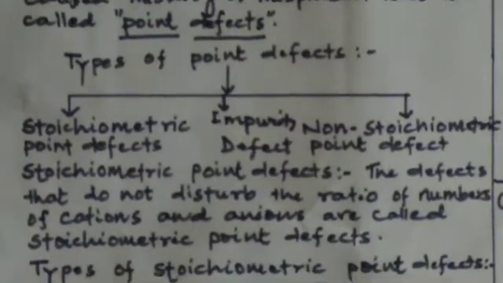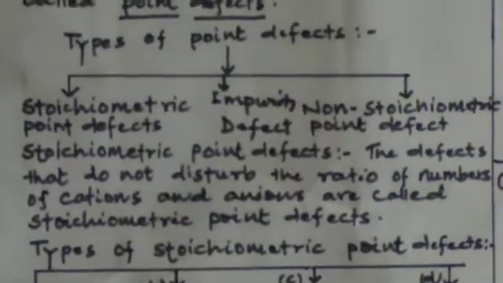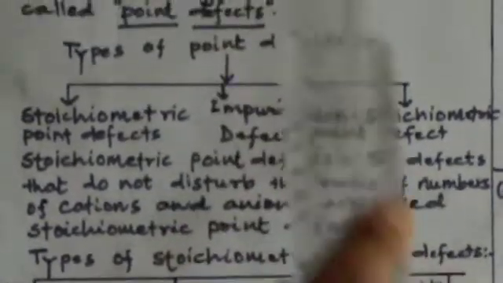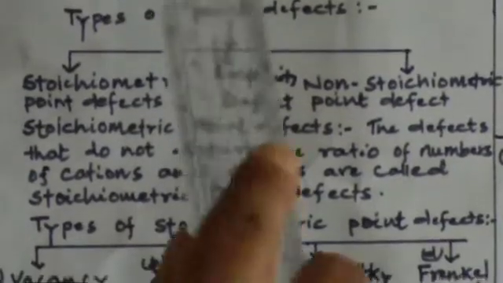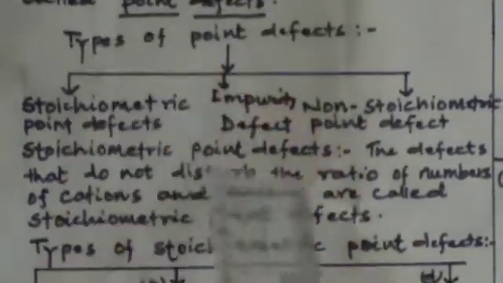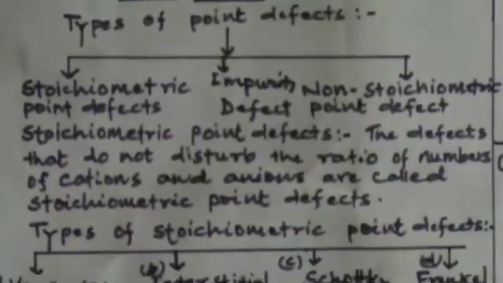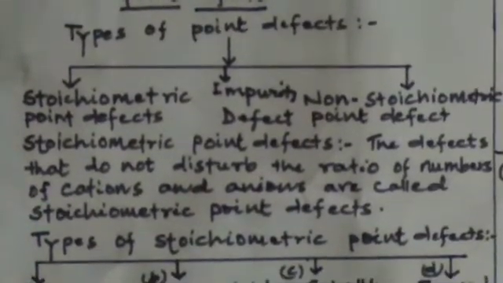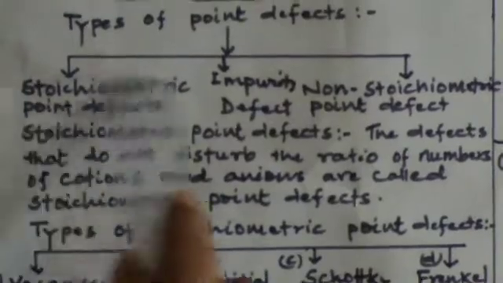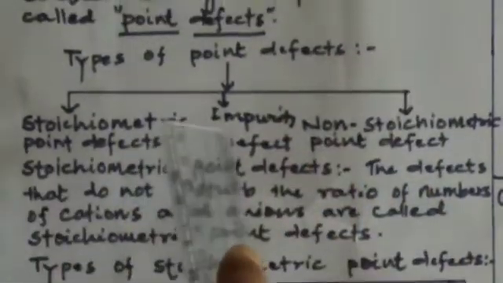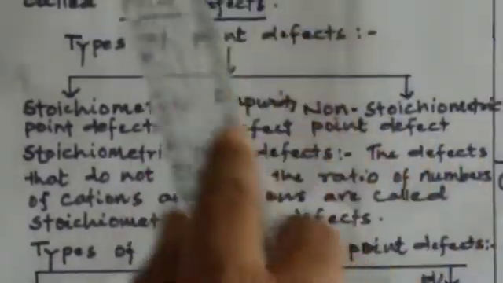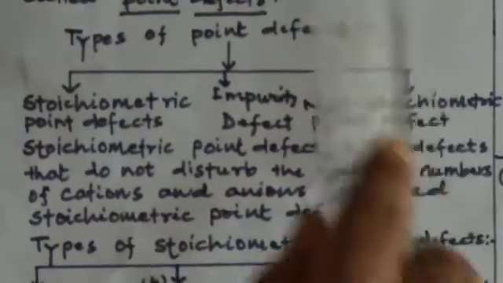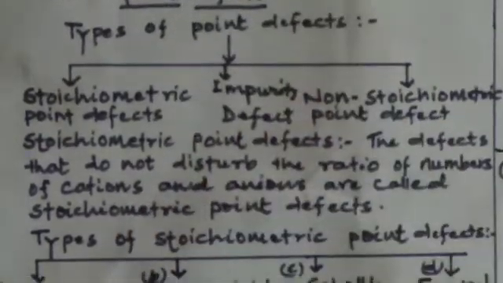So the ratio of the cation, or positive ion, to the negative ion is 1:1, which is identical to the ratio of atoms in their chemical formula, that is NaCl. This is called a stoichiometric compound, in which the number of positive ions and the number of negative ions always remain the same, similar to the chemical formula.